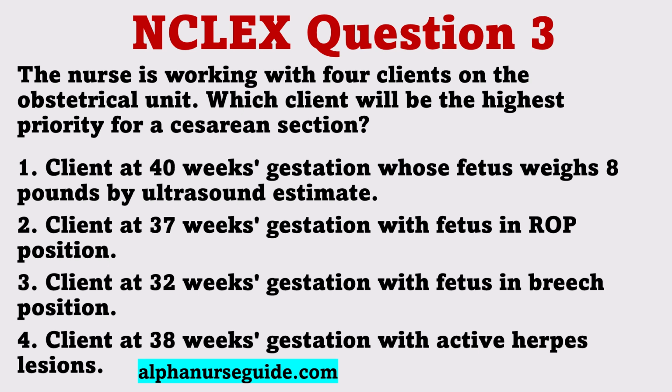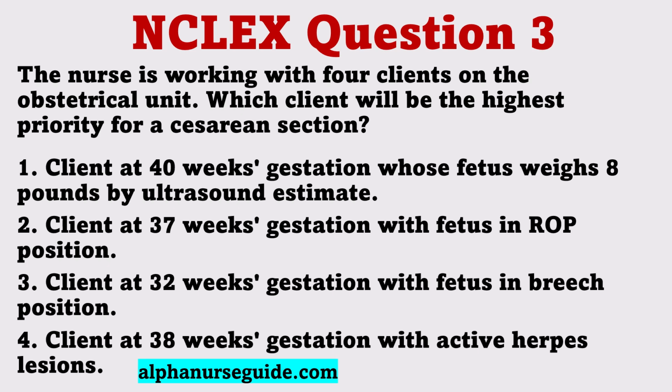The correct answer is 4. Herpes simplex virus can be transmitted to the infant during a vaginal birth. The neonatal effects of herpes are severe enough that a cesarean birth is warranted if active lesions, primary or secondary, are present. A client with a primary infection during pregnancy sheds the virus for up to 3 months after the lesion has healed.